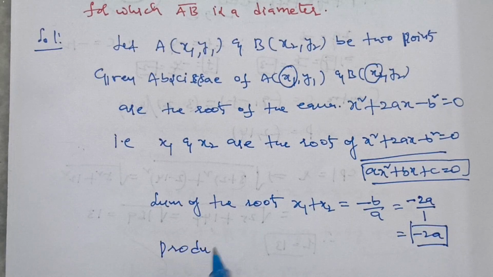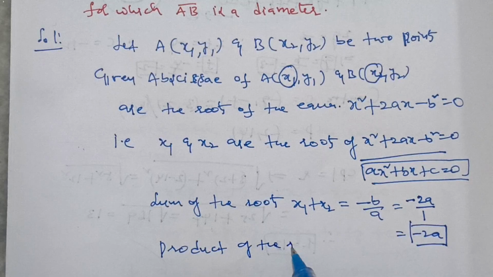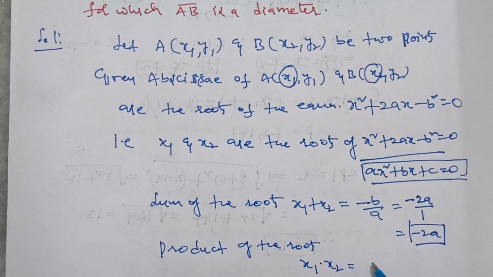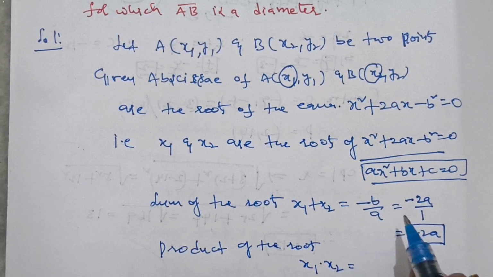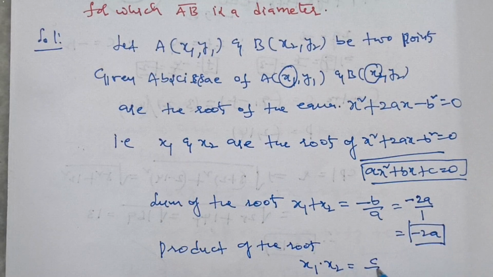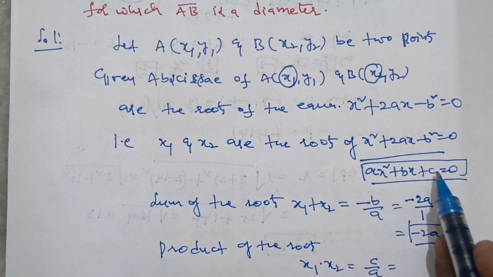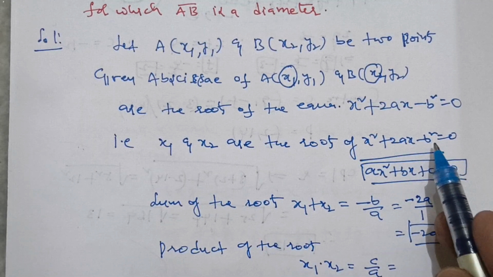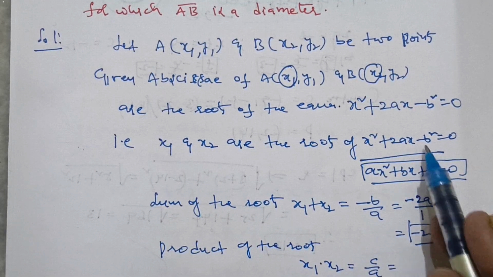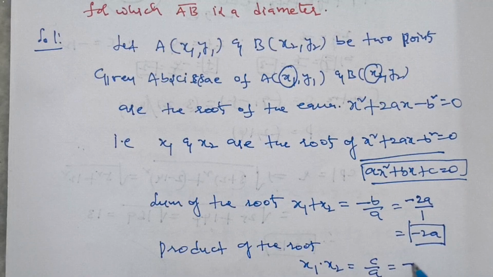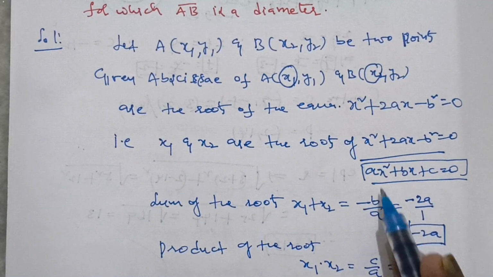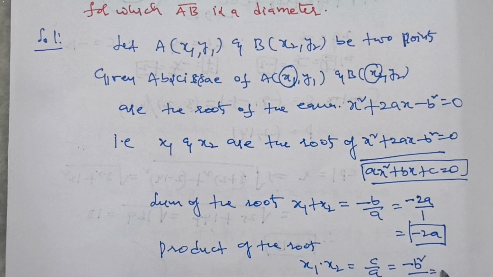Now we have the product of roots. What is the product of roots? x1 into x2. What is the formula for the product of roots? Yes, that is c by a. Comparing the given equation with the general form, the c value is minus b square, and a is 1.